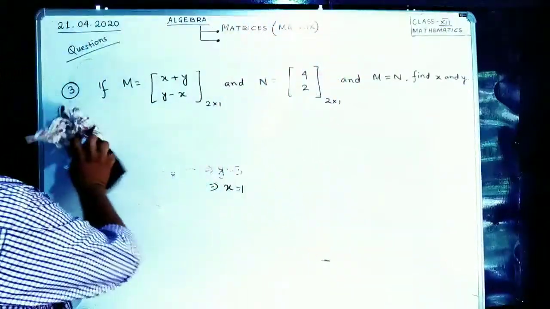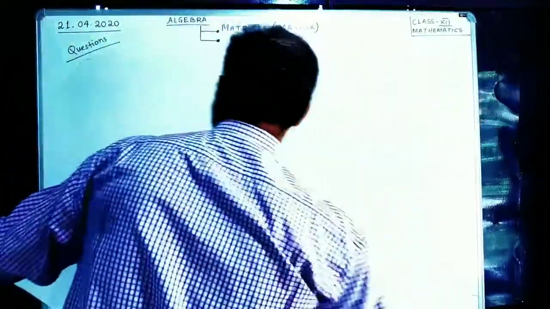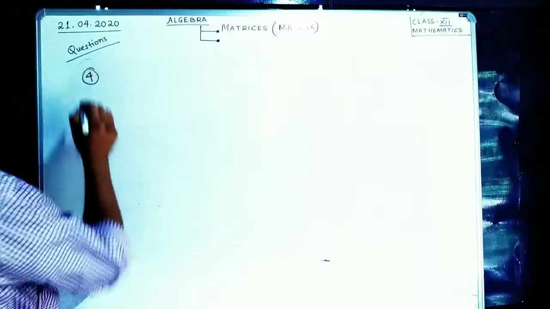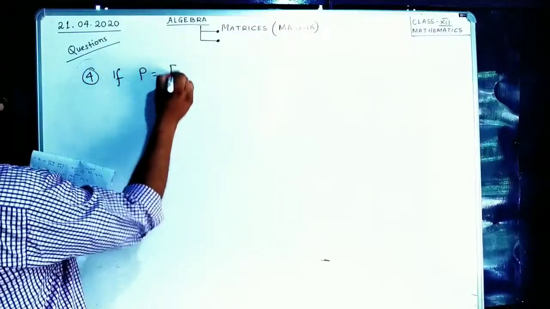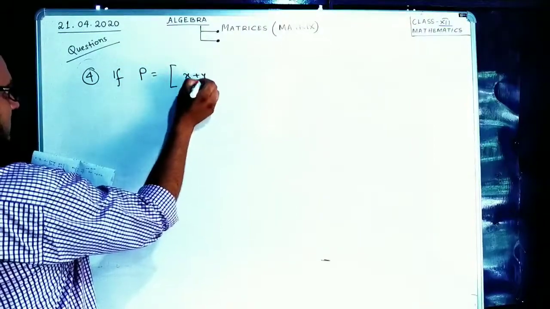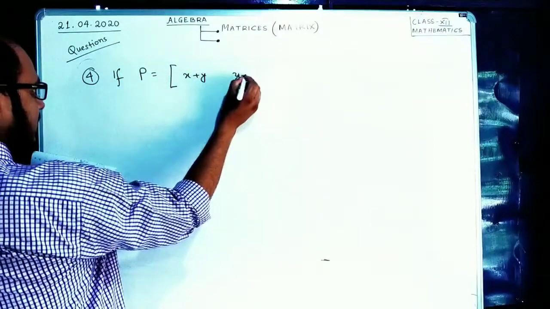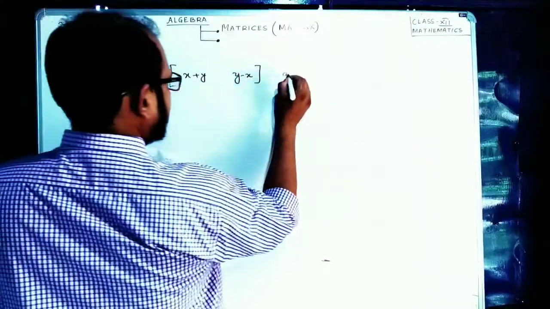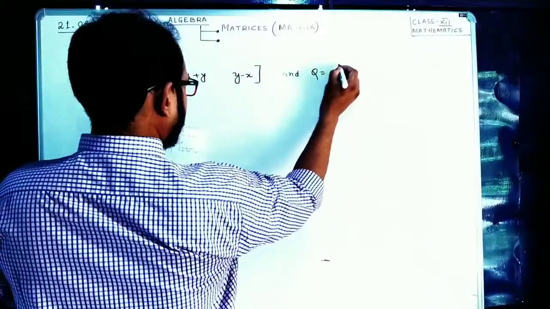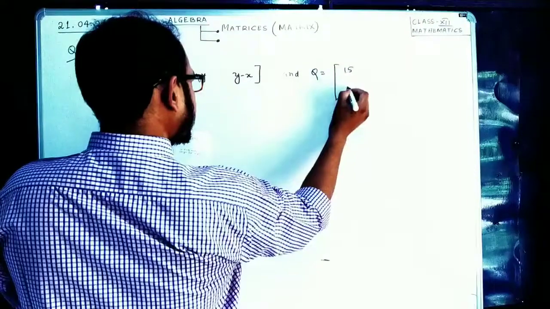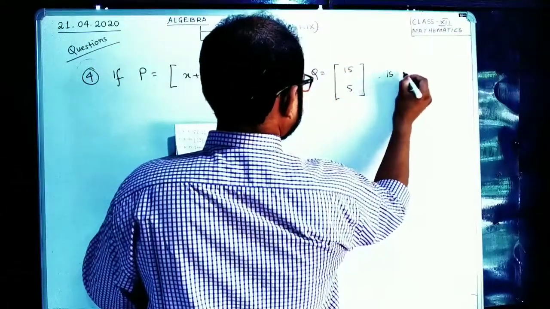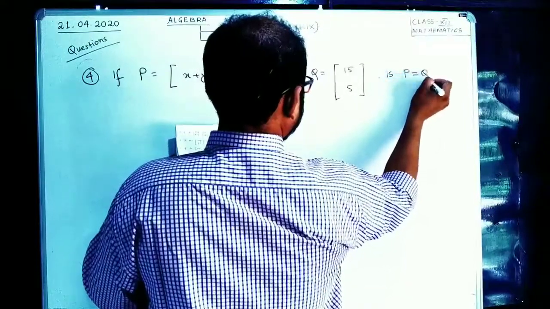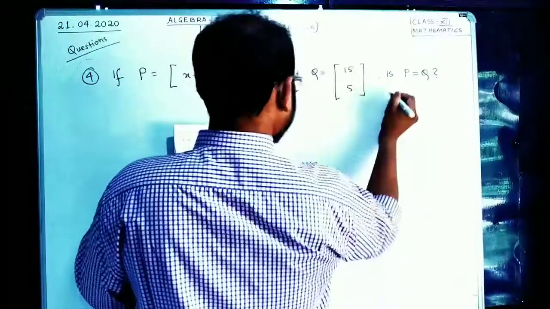Let's move on to the last question of this session. Question number 4. If P is the matrix x plus y, y minus x, and Q equals 15, 5. The question is asking: is P equal to Q?